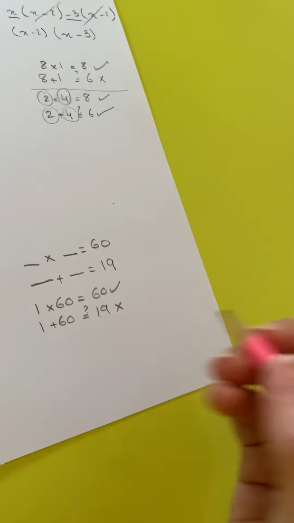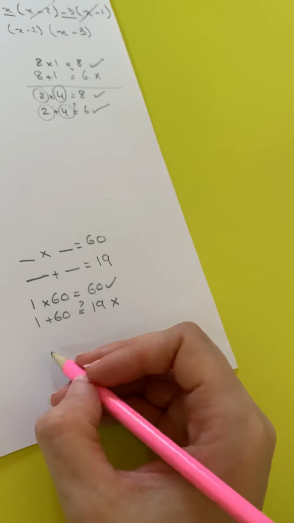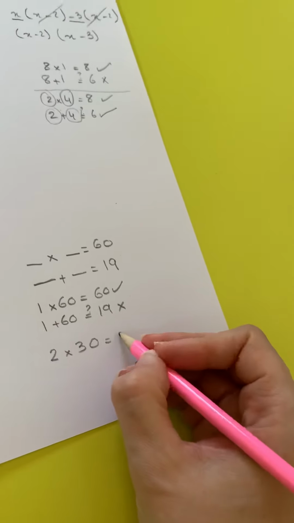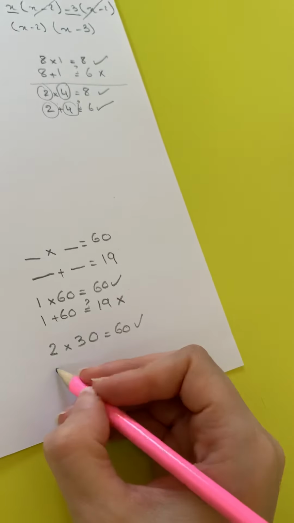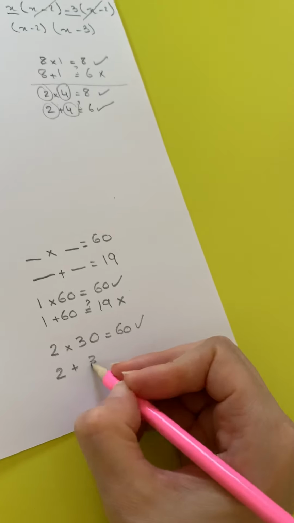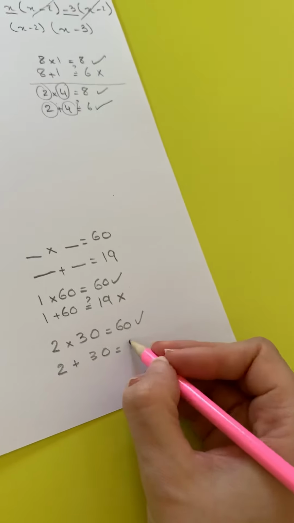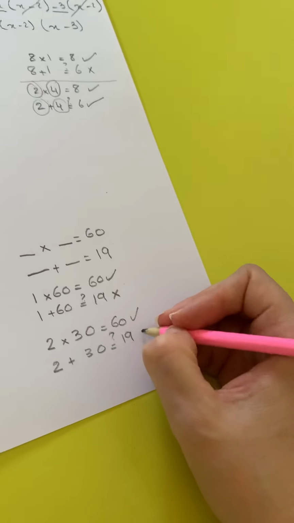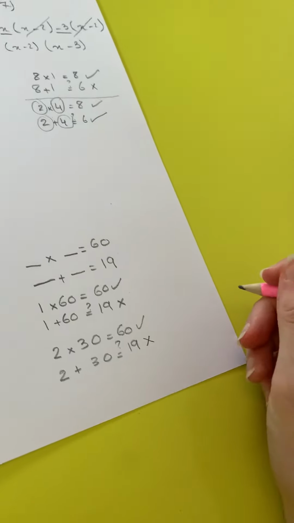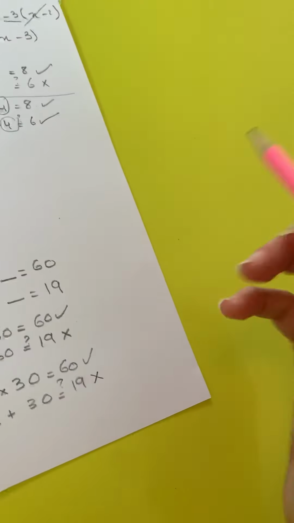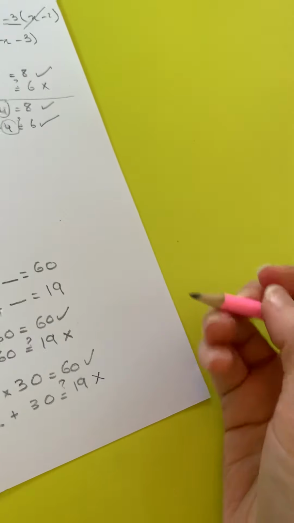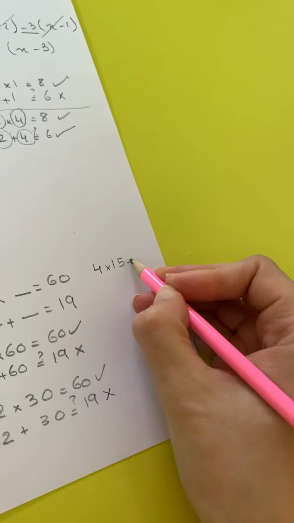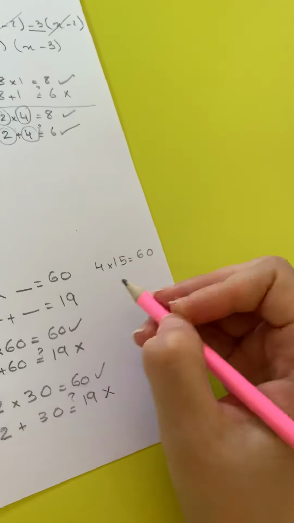Let's try other numbers. For example, 2 times 30. 2 times 30 is 60, yes. But if I add them, is it 19? No, this is 32. So they are not the correct ones. Let's try other numbers. What times what will give me 60? For example, 4 times 15. 4 times 15 is 60.